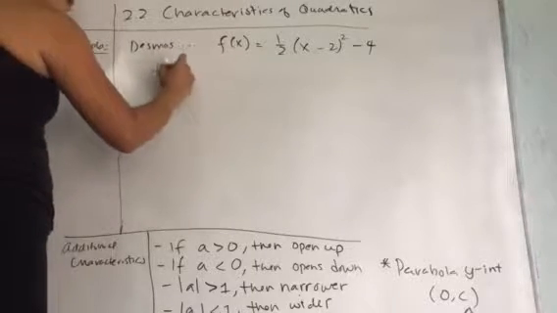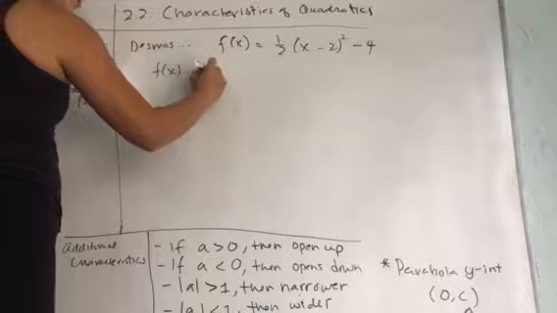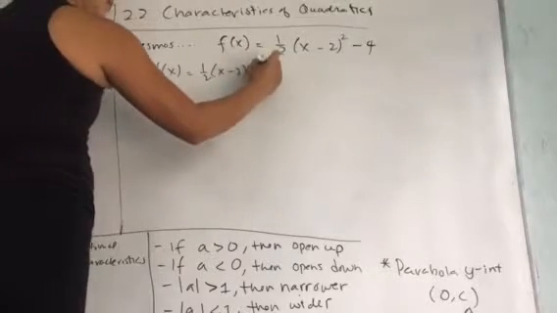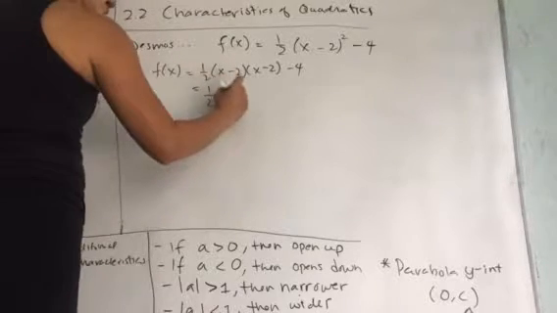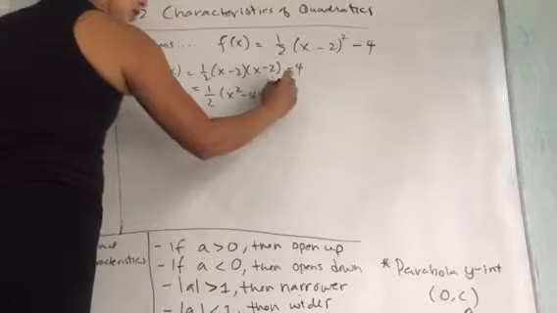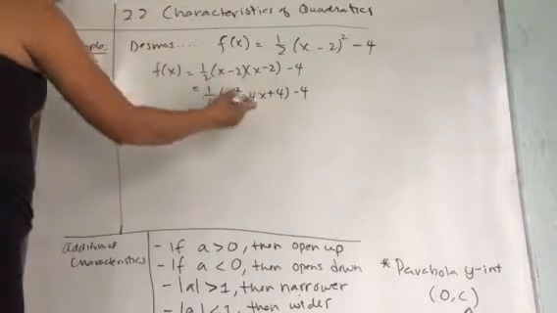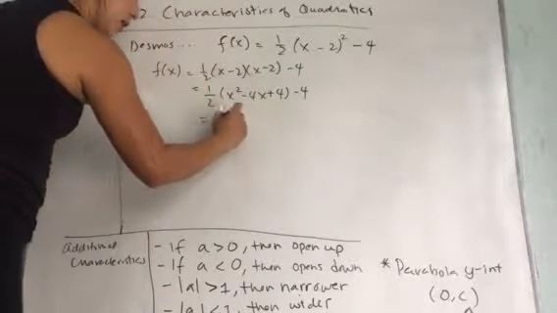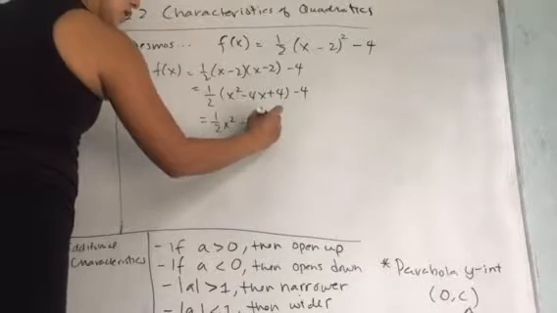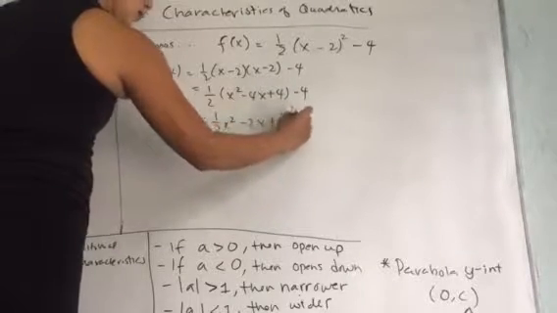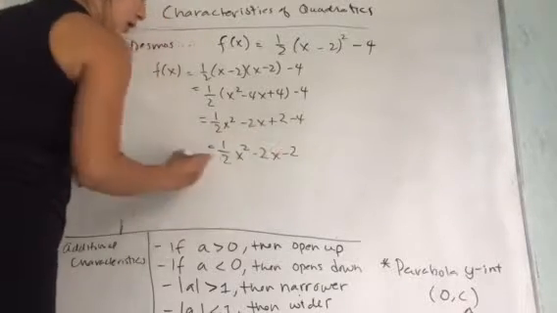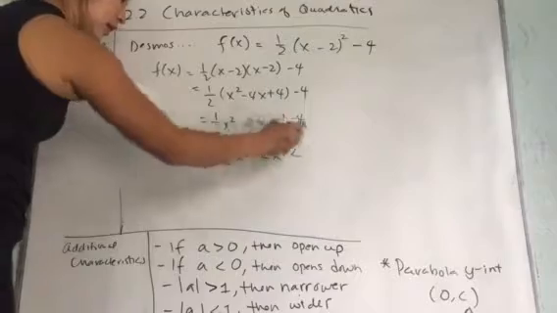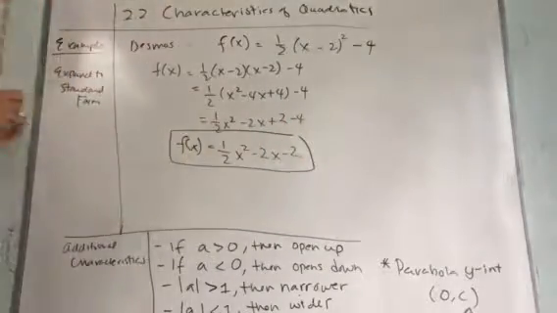So if I have f of x equals 1/2 (x minus 2) squared minus 4, if I FOIL it out, I get x squared minus 4x plus 4 minus 4. Then I distribute the 1/2 through. I get 1/2 x squared minus 2x plus 2 minus 4, which equals 1/2 x squared minus 2x minus 2. So this is the standard form of this original equation.